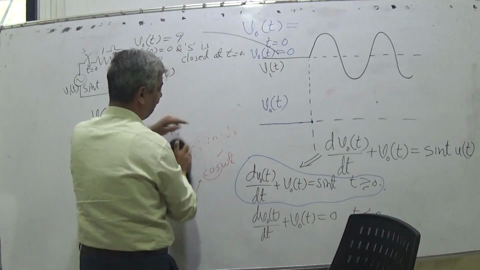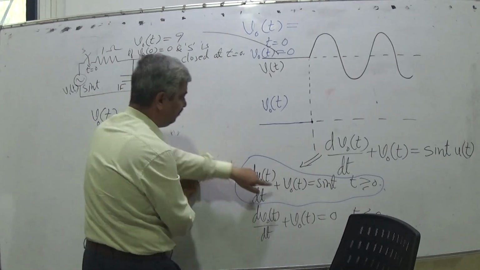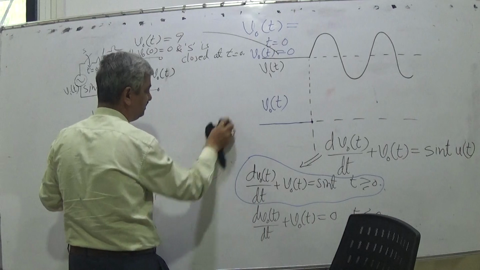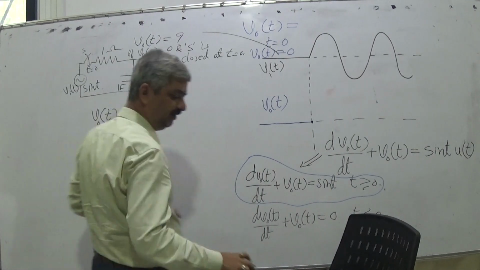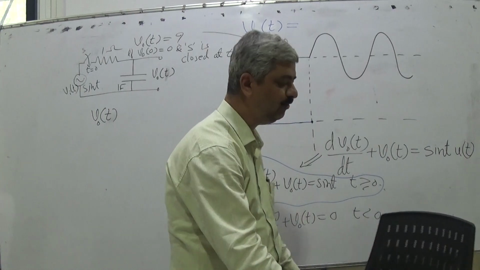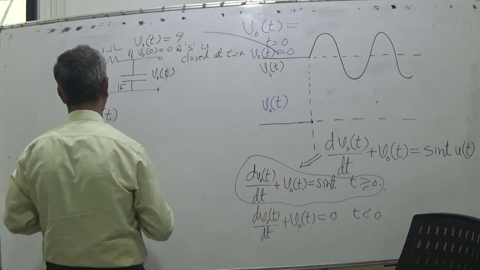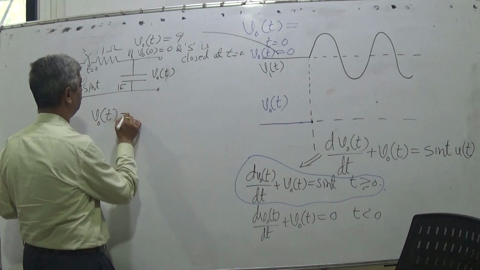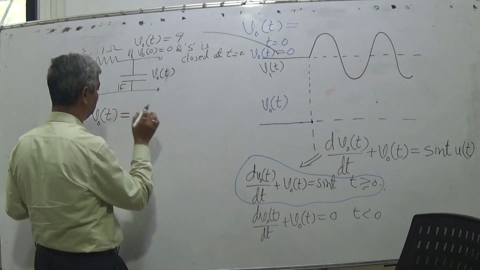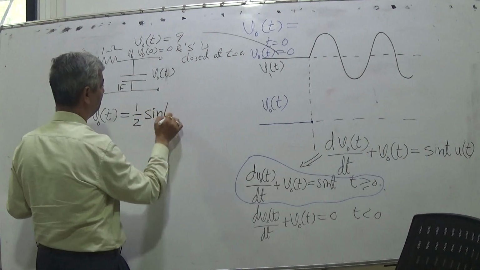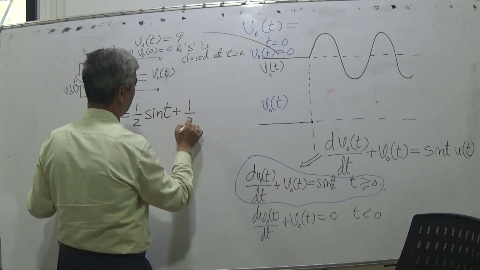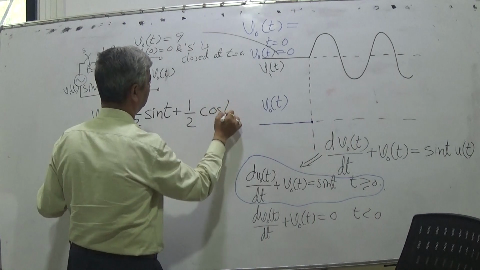So in such differential equations, where the differential and the original one lead to a sinusoid, VOT is of the type, I give you a hint, half sin t plus half cos t.